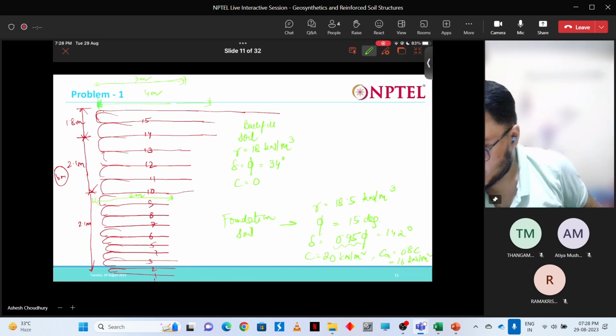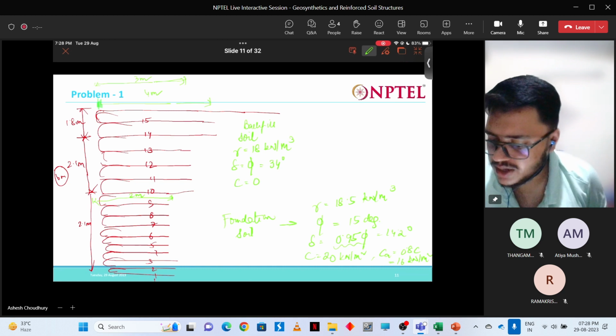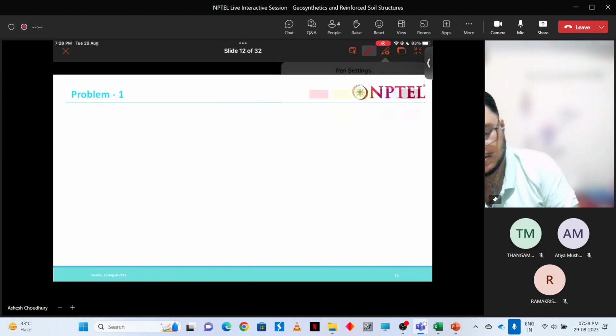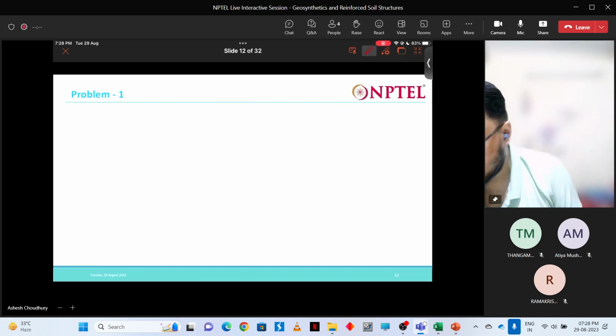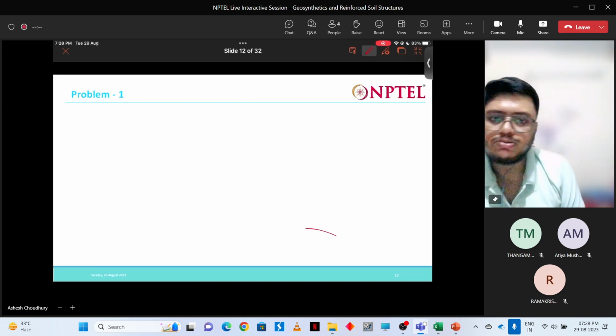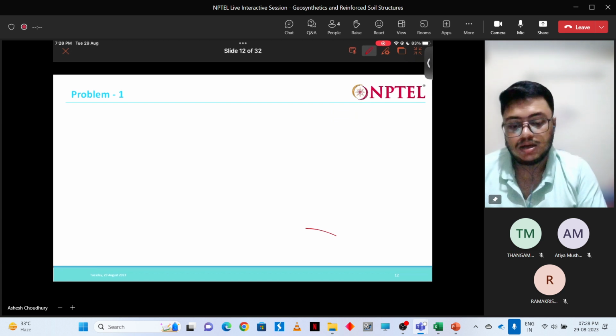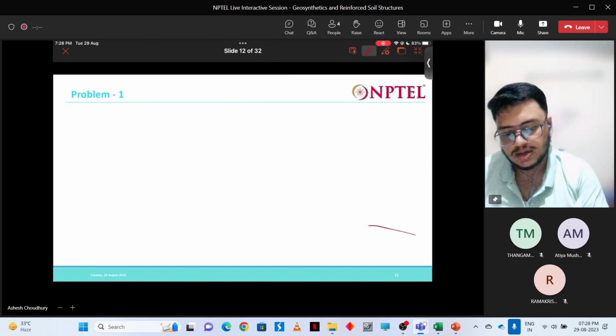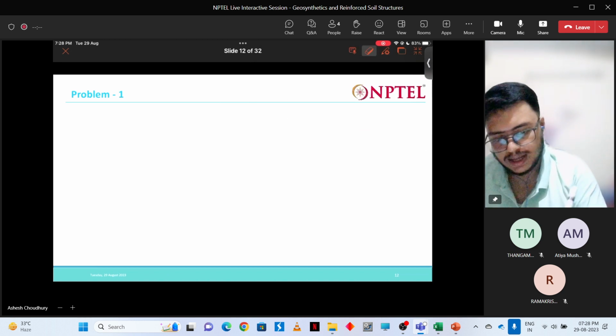Okay, now first is the sliding check. What I am seeing here is that the solution that is given in Coduto's book, in that solution, these lengths are actually not matching.